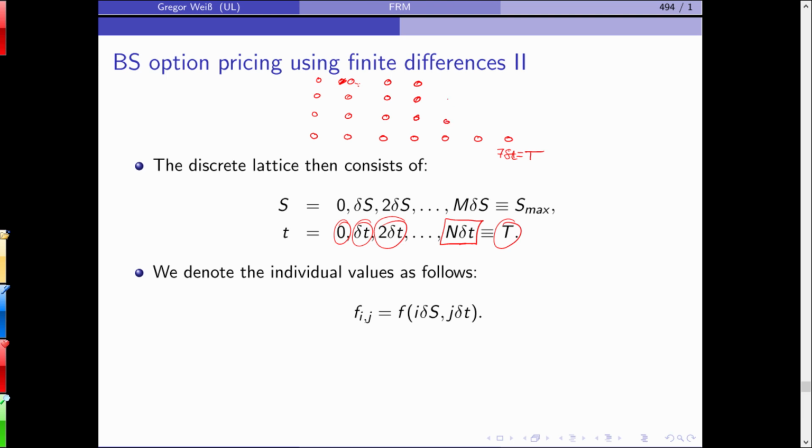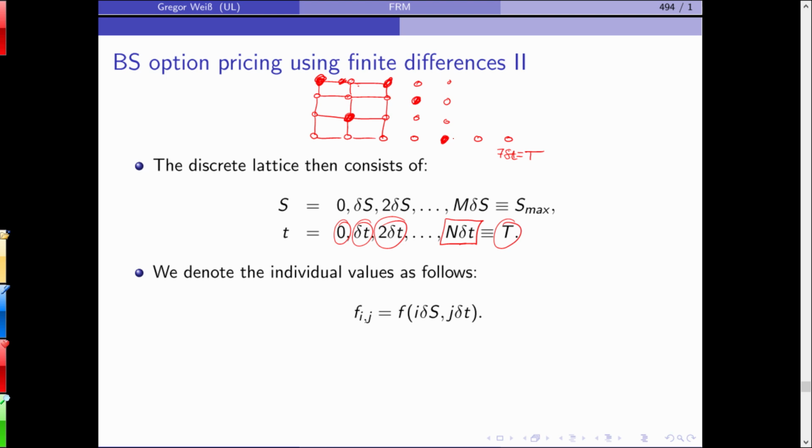We get a lattice. For illustration, you can link those dots, but you can see what is meant by a discrete lattice. Yeah? And you can see now that the stock price can only move from here to, say, here, to here, and then here, or maybe to here. And this is a simplification, obviously.